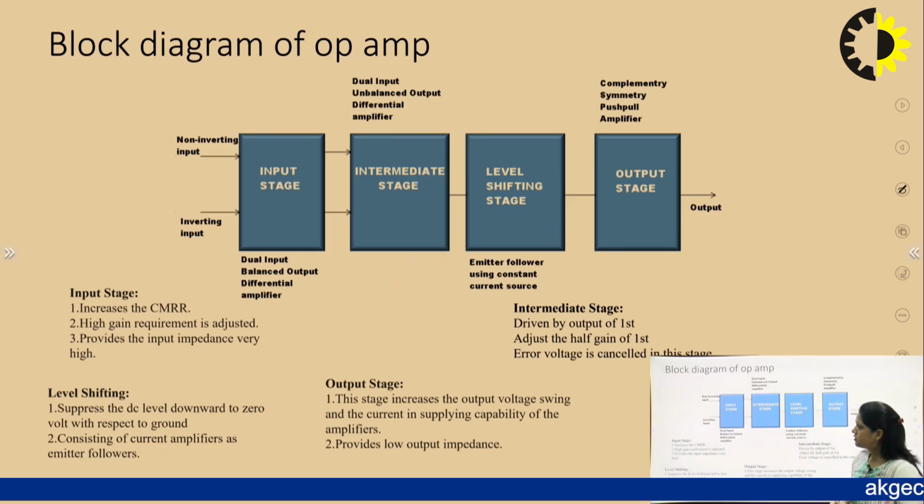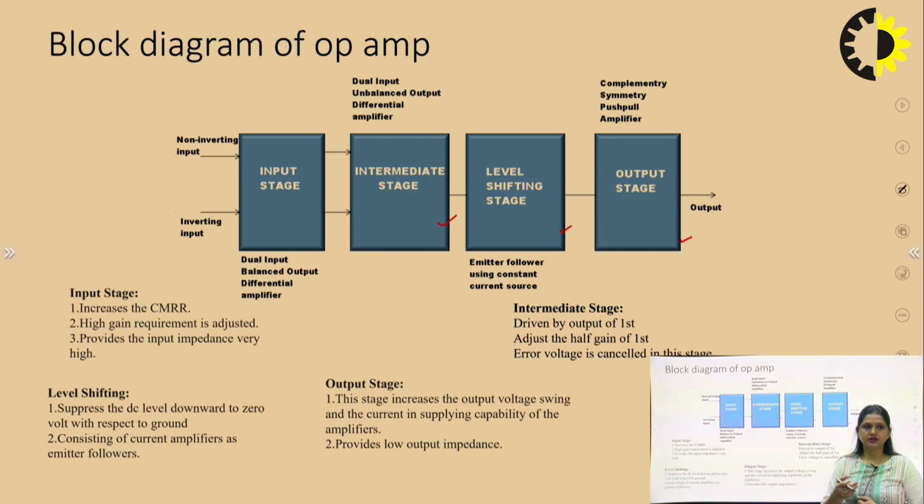Before moving to the complex circuitry of the 741 IC, first we should know the block diagram of an operational amplifier. For an operational amplifier, there are 4 important blocks. One is the input stage, then the intermediate stage, level shifting stage, and output stage. Basically the input stage is a differential amplifier, and here you can see that it is a dual input balanced output differential amplifier.